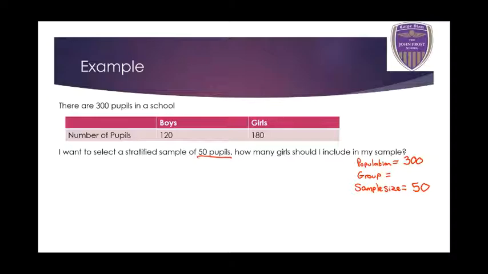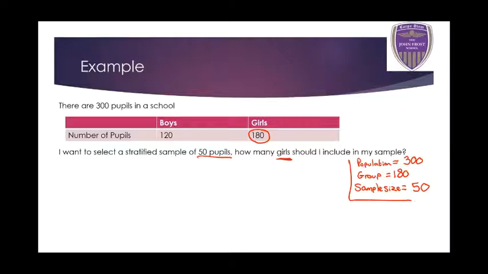The group size is what the question asks us about: how many girls should I include in my sample? If the population is 300, there are 180 girls in the entire population. Therefore, the group size is 180.